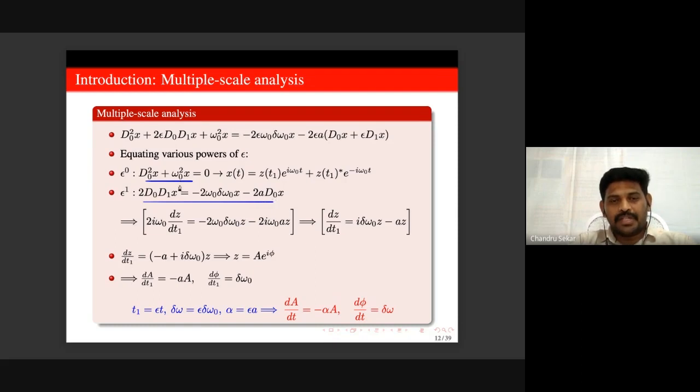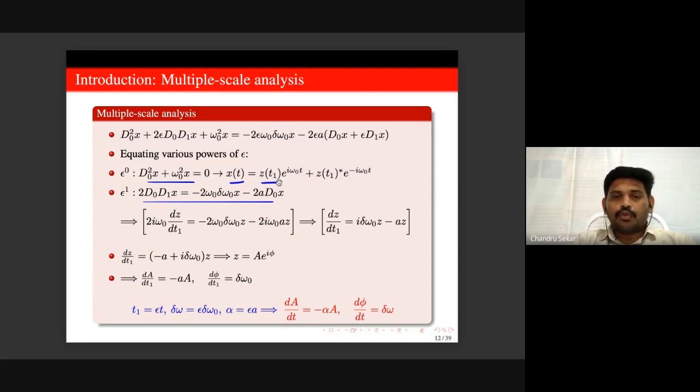The first equation has derivatives in the fast variable, and the second equation is the combination of fast and slow scales. So solving this first equation, I get this solution. So x is a function of the fast time scale, but this complex quantity z is a function of the slow time scale.